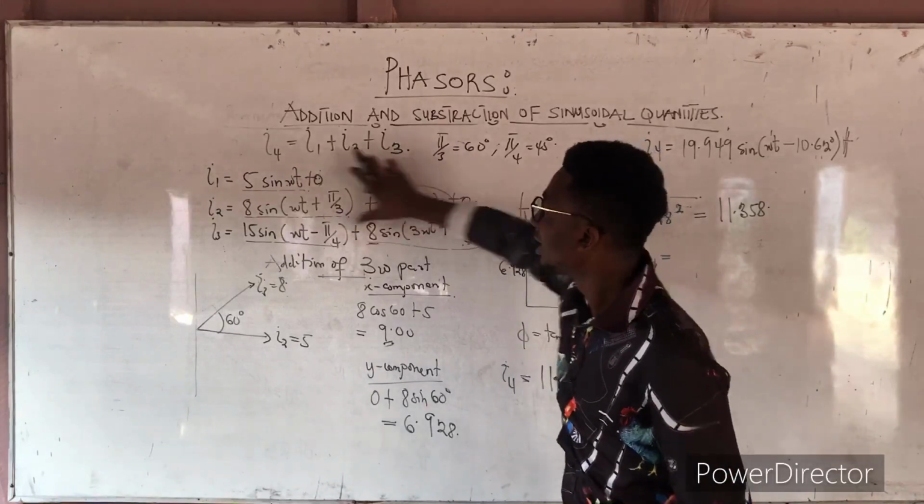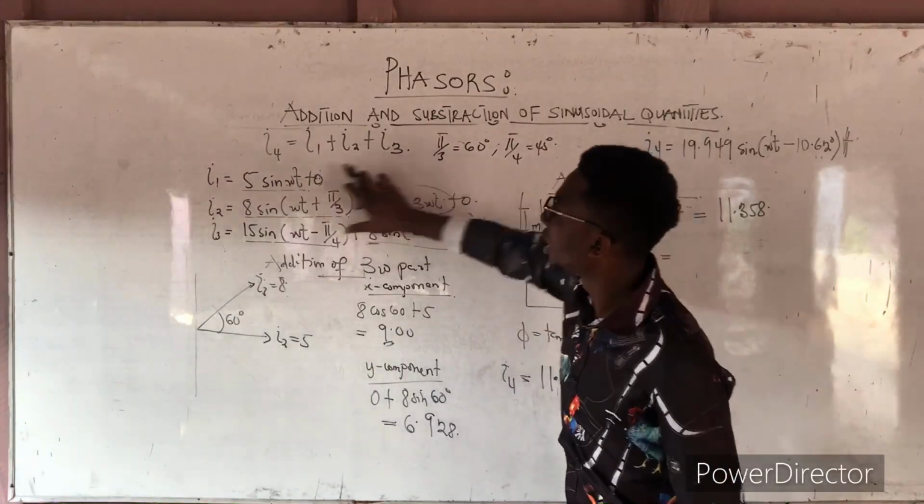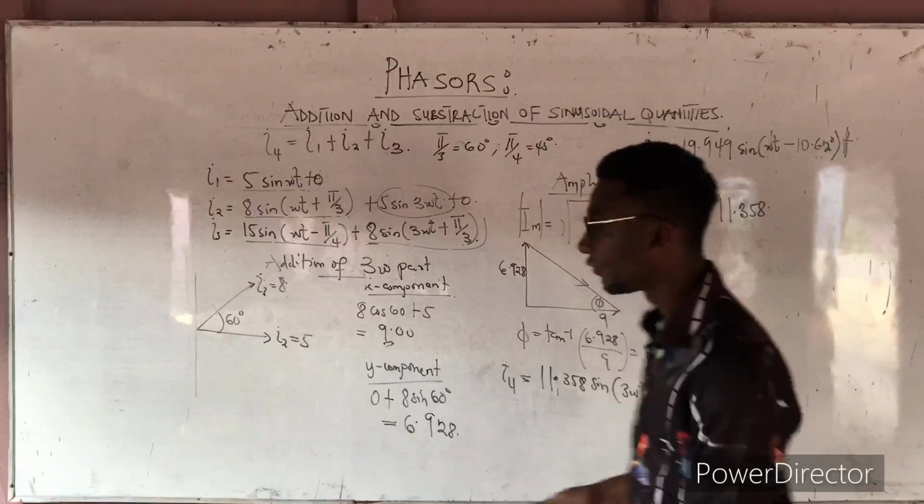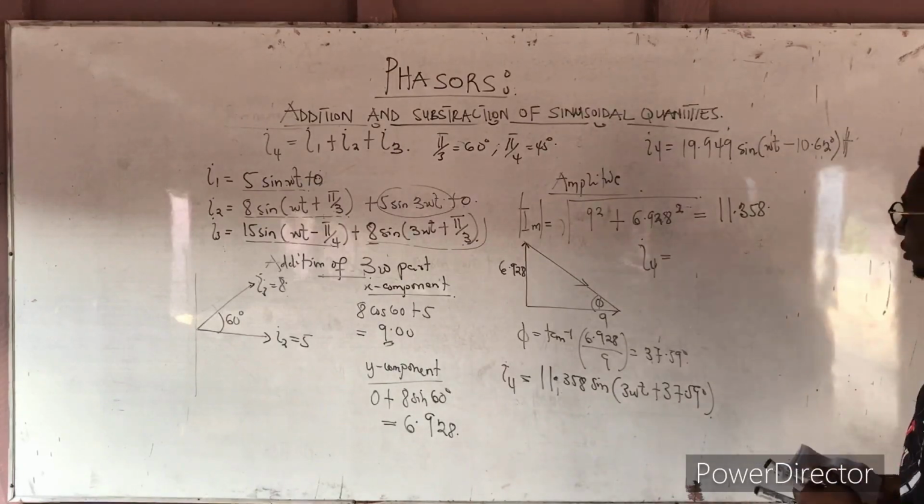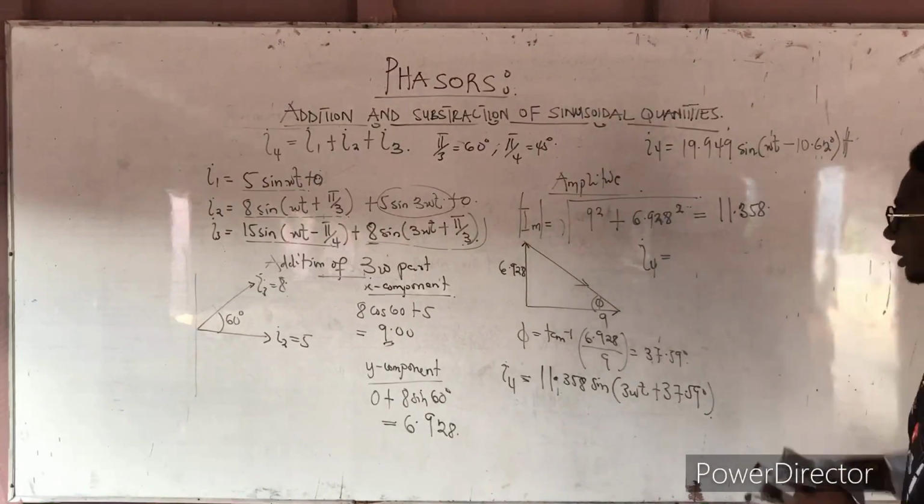Now the total I4, because the question says you should find I4. We add the omega part and the 3 omega part for all these i's to give you I4. The total one is simply adding these two together.